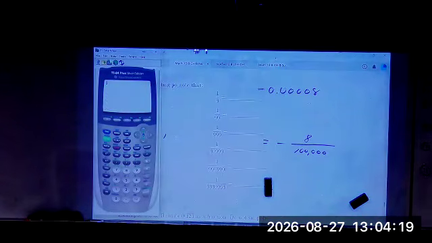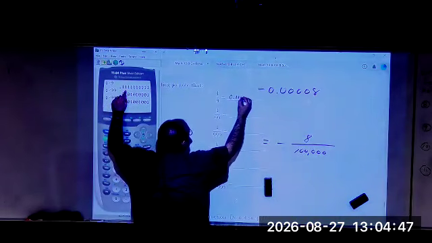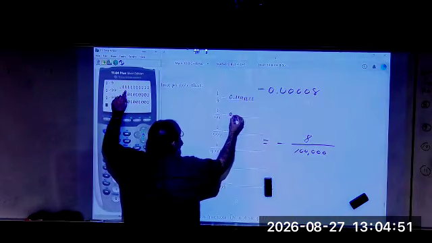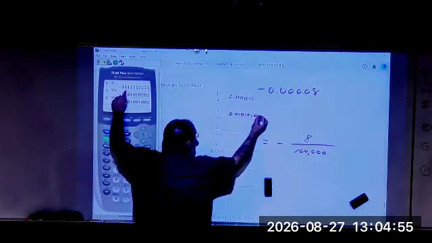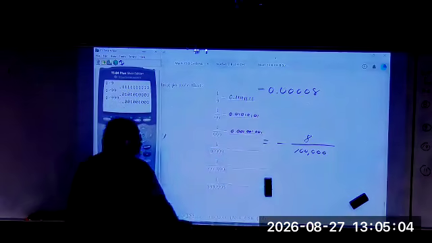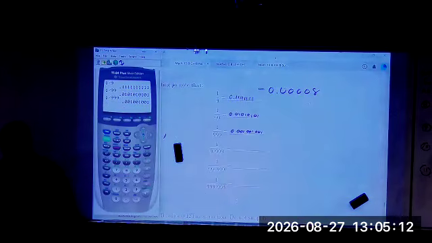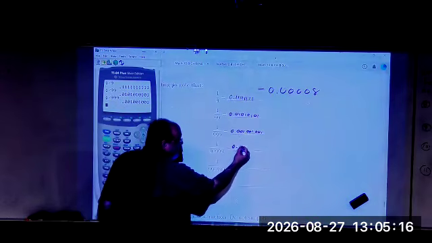So 1 divided by 9. Got any predictions about 1 over 9,999? 0.30.